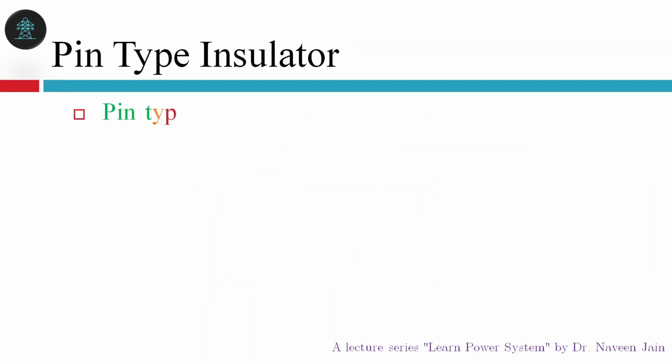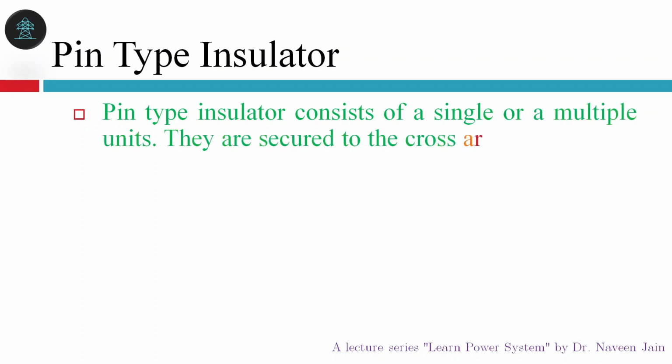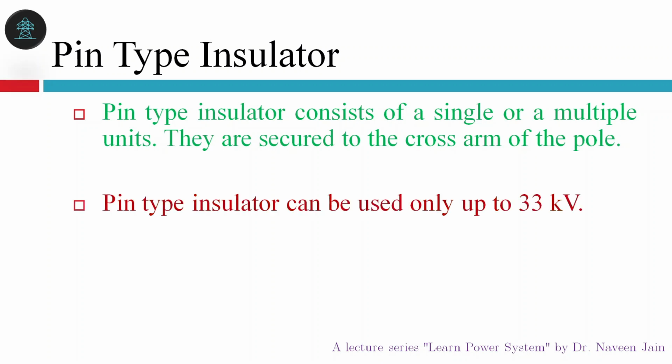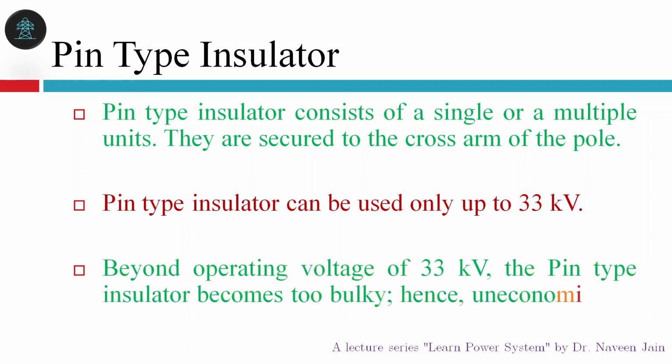Pin type insulator. A pin type insulator consists of a single or multiple units. They are secured to the cross arm of the pole. A pin type insulator can be used only up to 33 kV, since if we go beyond 33 kV, the pin type insulator may be bulky or an uneconomical choice.